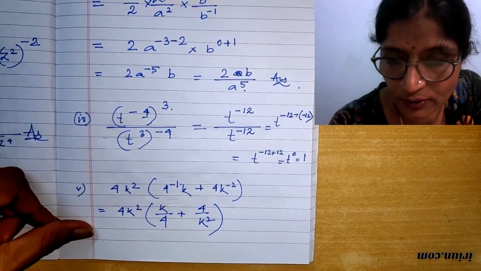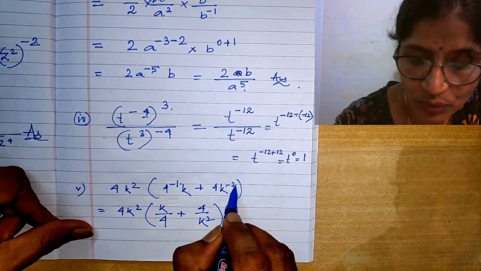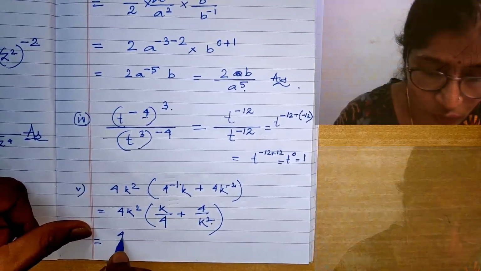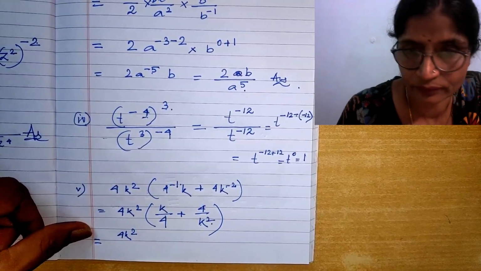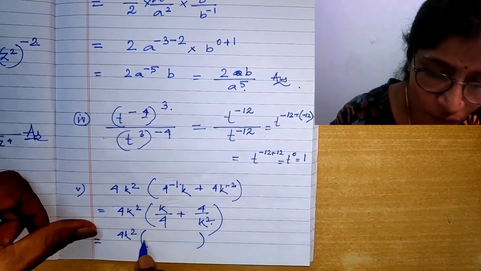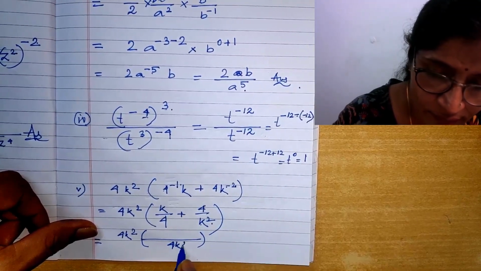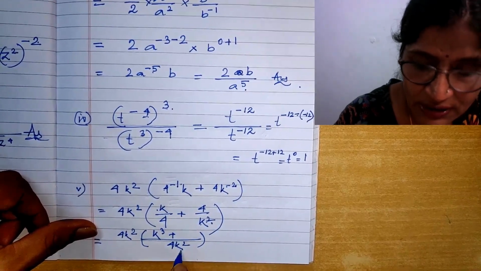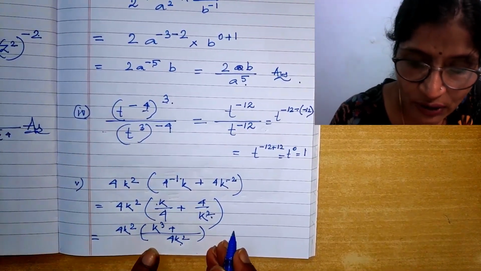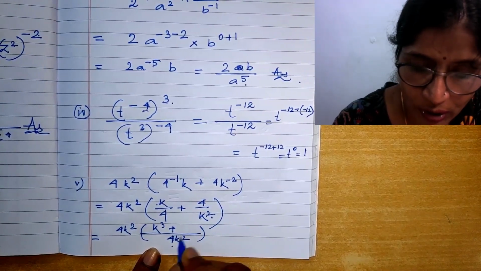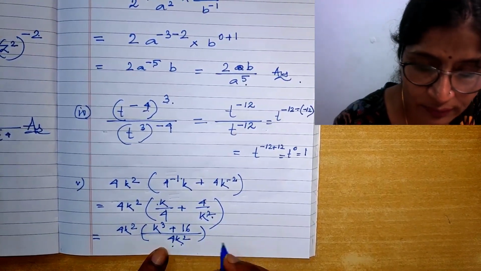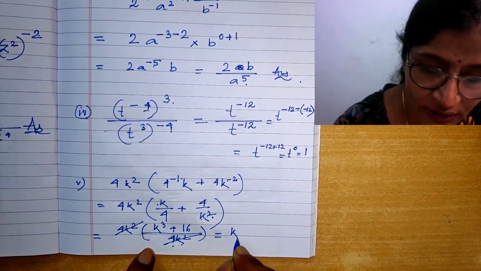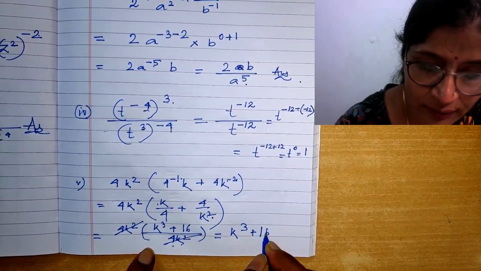Because it is k to the power minus 2, to make it positive I have written it in the denominator. So that is equal to what? 4k square is the LCM. So multiply this k with k cube plus k square is the LCM. So it is equal to 4. So 4 4s are 16. Now this will be cancelled by this one. So your answer is k cube plus 16.